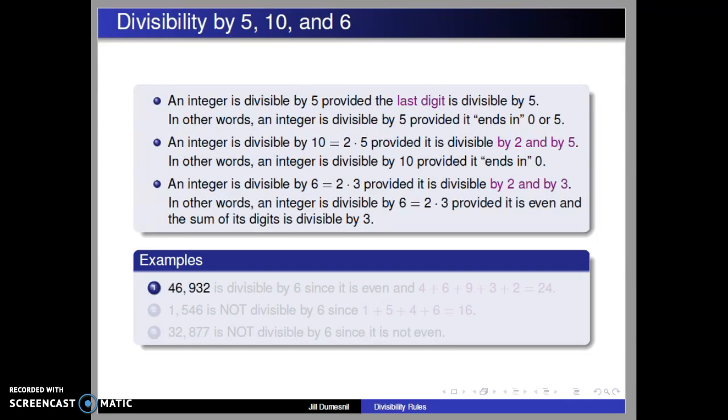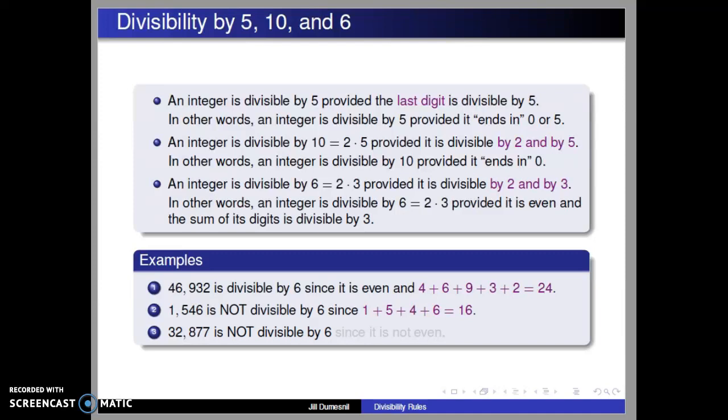The number 46,932 is divisible by 6 because it is even and the digits sum to 24. 1,546 is not divisible by 6 because the digits sum to 16, which is not a multiple of 3. 32,877 is not divisible by 6 because it is not even.